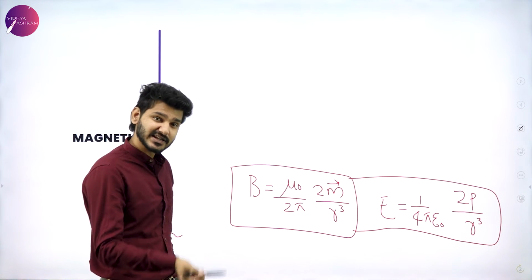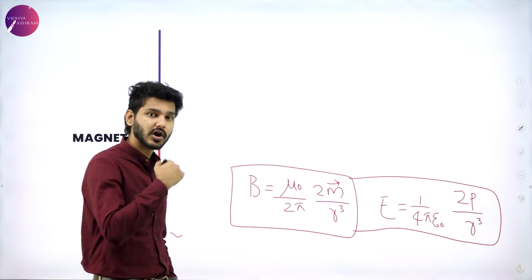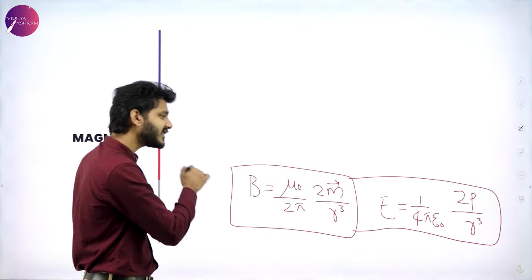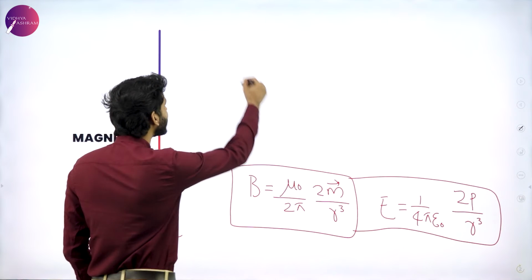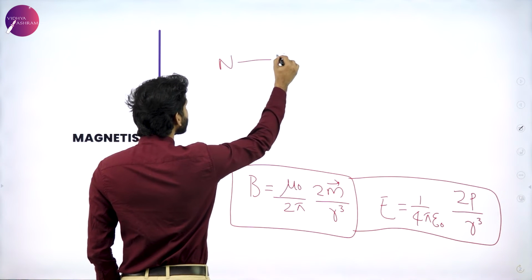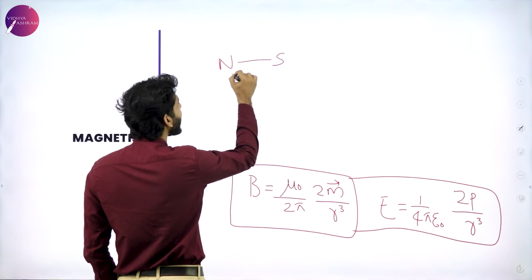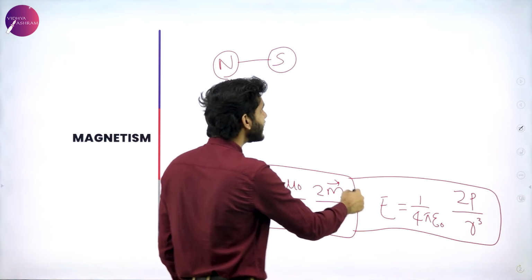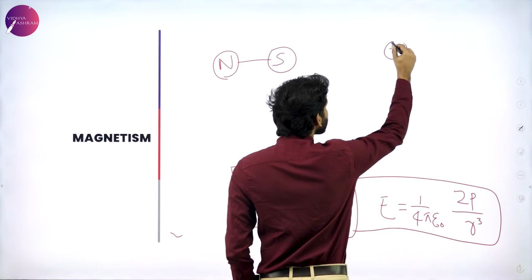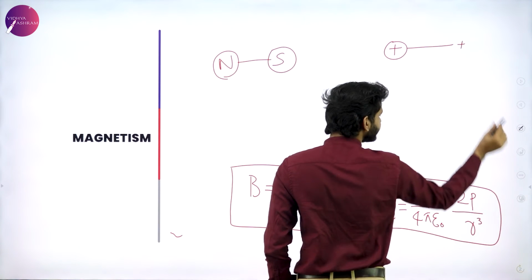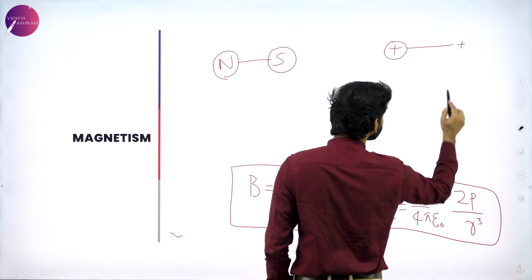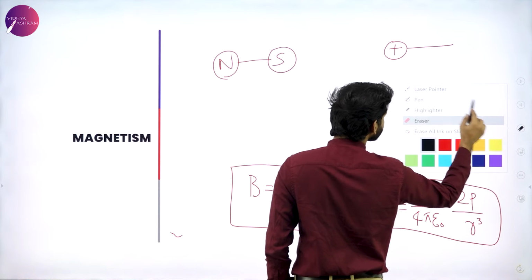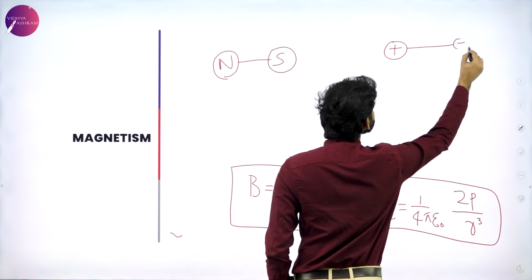Now this is very similar to the magnetic field along the axial point for a magnetic dipole. So basically we are comparing N S, a magnetic dipole, simply a magnet, and here it is positive and negative.